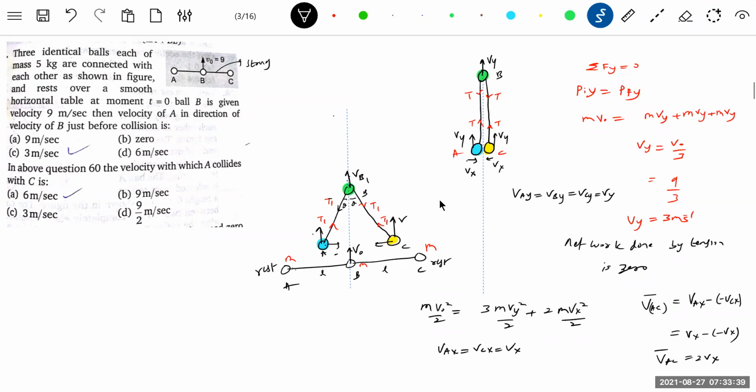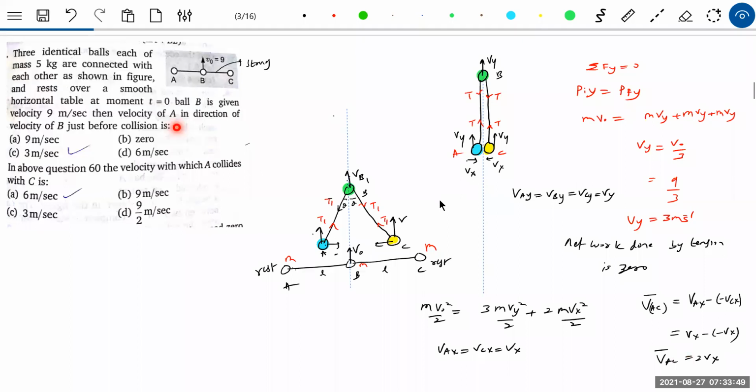So do we know Vx? I'm going to calculate from here. Look at the role of the string. You can take any thread with some beads.